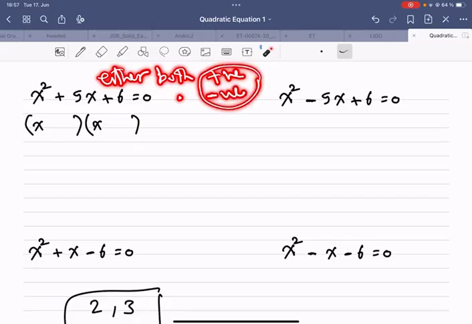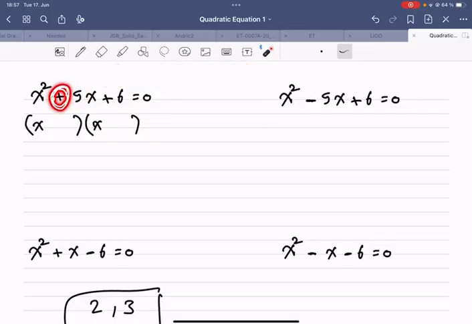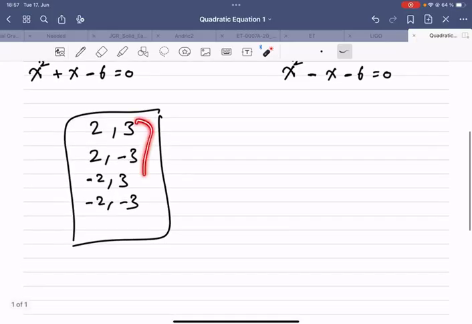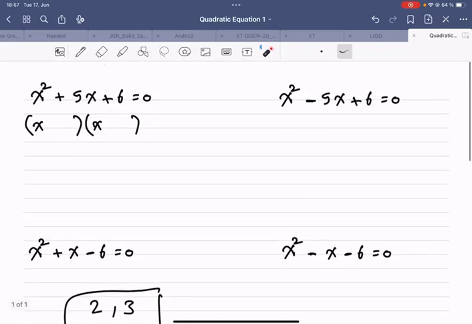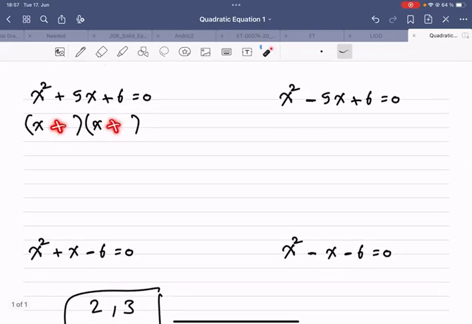This depends on the sign of the middle term. The middle term here is positive, which means the signs are positive. I mean the sign here, not the final solution. This is positive and this is positive.